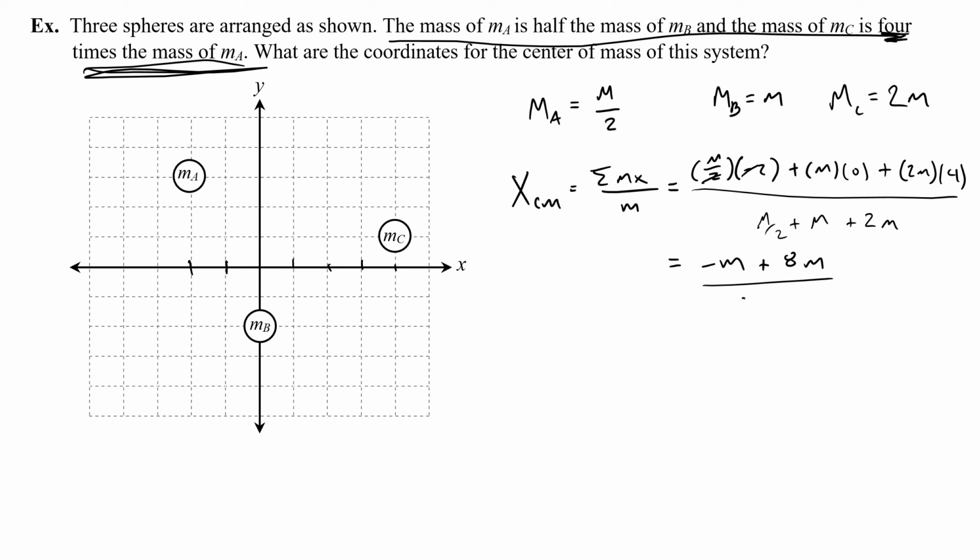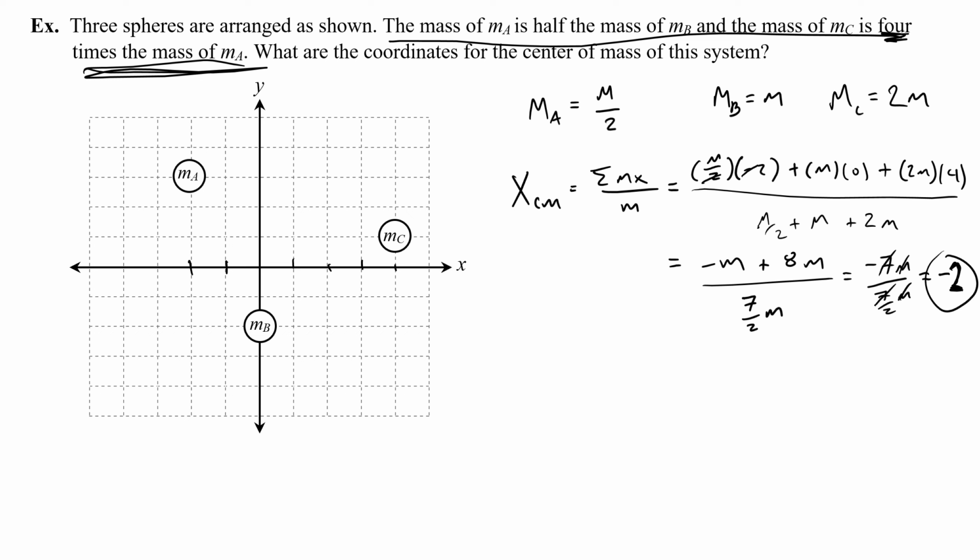Well, I'm going to write that as 7 halves M. And then on top, there's a reason why I wanted that 7. This is going to be a negative M plus 8M, so negative 7M. And then I divide that by 7 halves M. And 2 things cancel, the 7 and the M's. And this 2 comes right back up on top, and we're going to get a negative 2 for our answer. Okay, so we know that that is the x-coordinate.